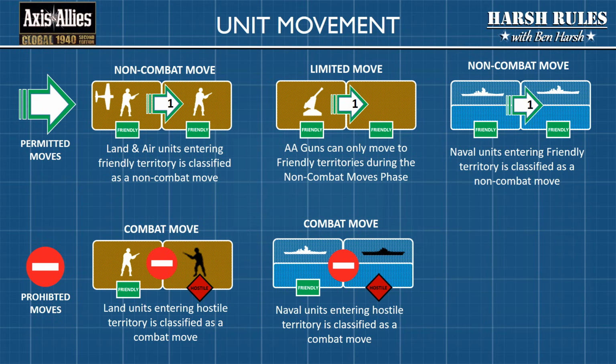Naval units not at war do not block other sea units and vice versa. They can occupy the same sea zones. Also unique to this phase is that the anti-aircraft gun can now be moved as well. All combat moves should have been completed previously and are now considered prohibited during this phase.